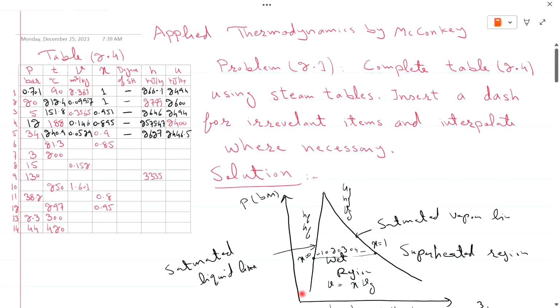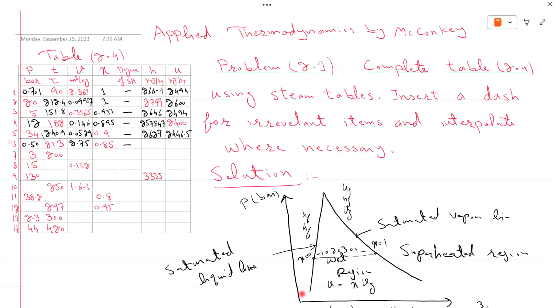So at row number 6, pressure is 0.50 bar. The value of specific volume is 2.75 meter cube per kg.